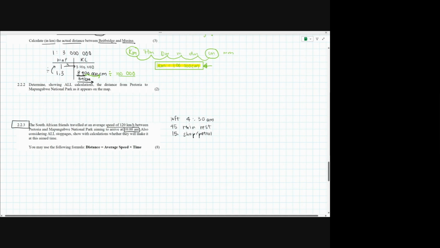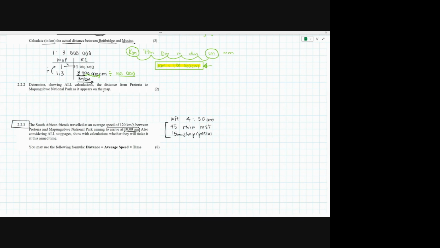And they want to get there by 10 o'clock. So from 4:30 to 10 a.m., that is a 5.5 hour gap that they have to get to the national park. So it says, also considering all stoppages, show with calculations whether they will make it at the same time.